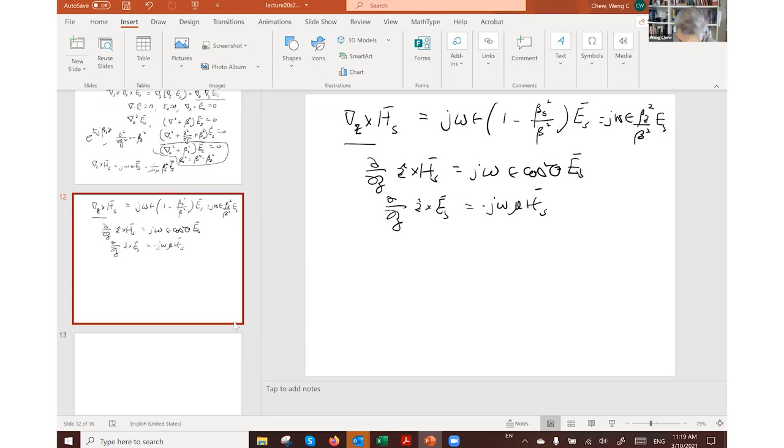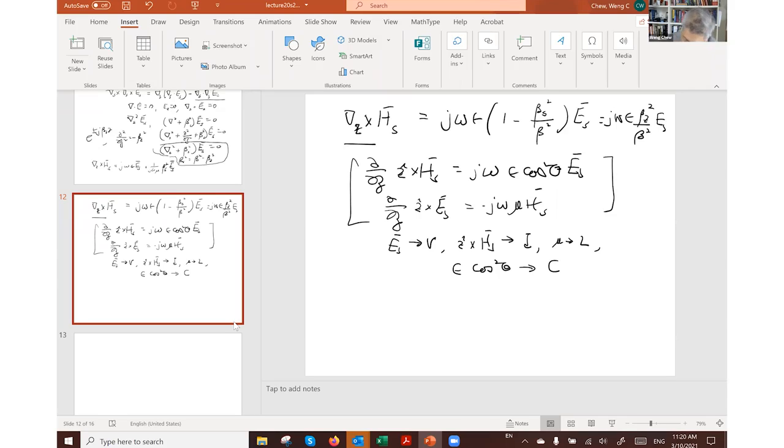Because it's a partial Z on the left-hand side, it has a constant term on the right-hand side. And you can liken this to what you have learned in telegraphy theory. And if you do the map that ES maps to V, and Z cross HS maps to the current I, and then mu goes to the inductor, and epsilon cosine squared theta, not epsilon square, epsilon cosine squared theta maps to the line capacitor, then you have the telegrapher's equation.